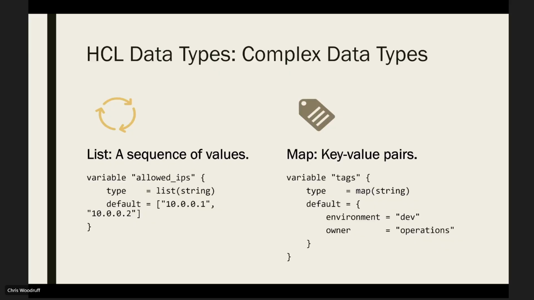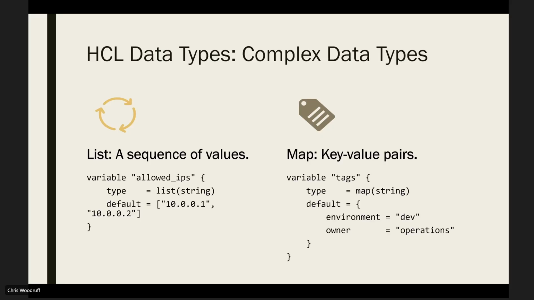And these are the complex types. So we have a list. You can just see that down here for the default for allowed IPs. IP string. So we have two IPs that are in the list, 10.0.0.1 and 10.0.0.2, and you just have to bracket those with commas in between. The map is more like a key value pair.